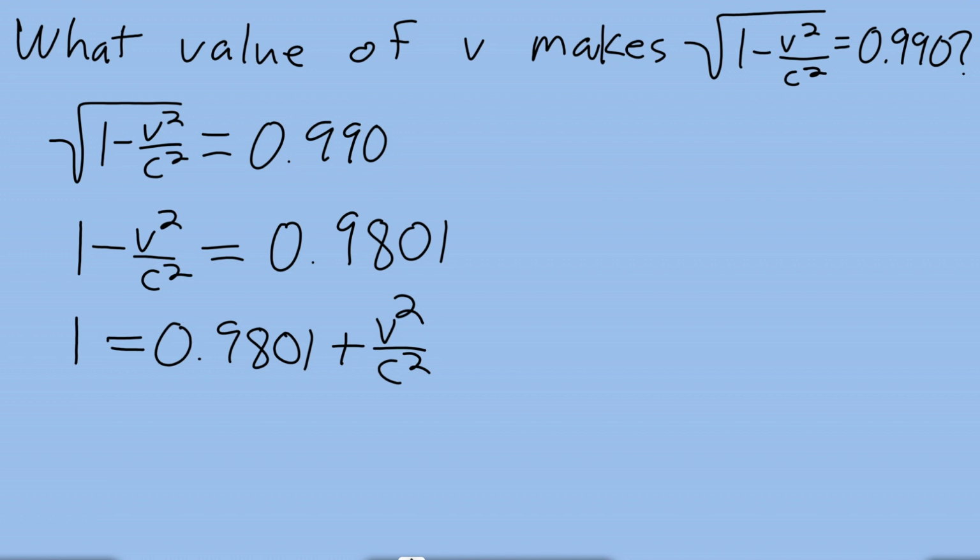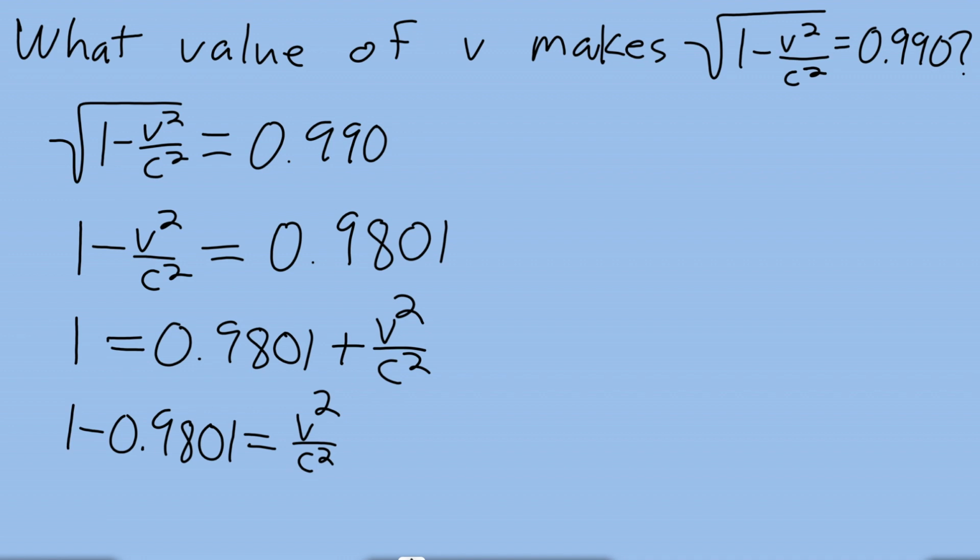Then I'm going to subtract the 0.9801 from both sides. So on the left, that's going to give me 1 minus 0.9801. And on the right side, all I have left now is v squared over c squared.